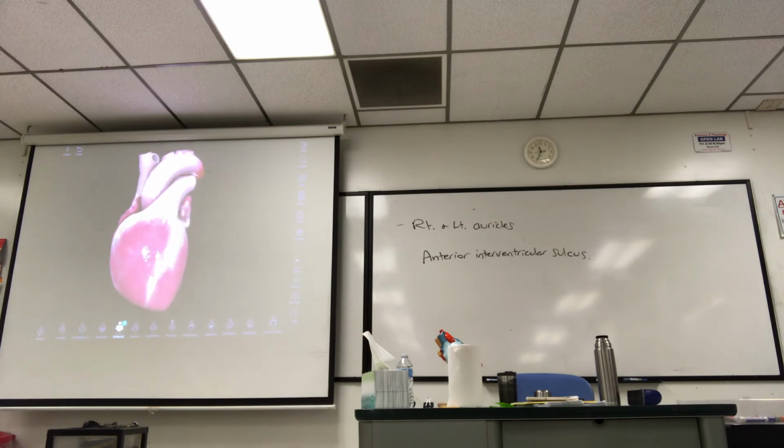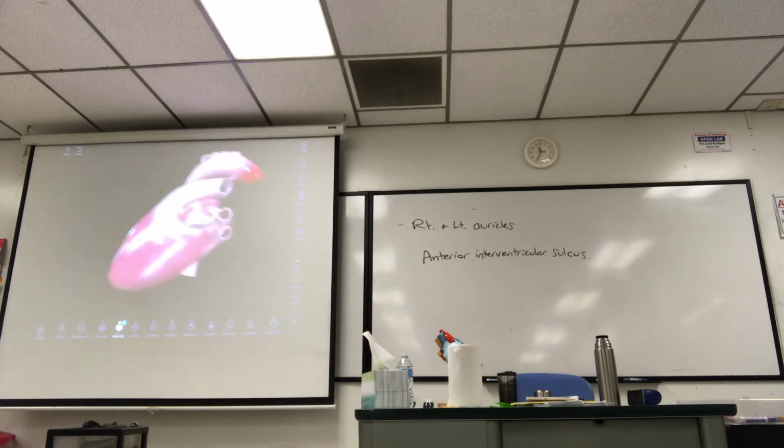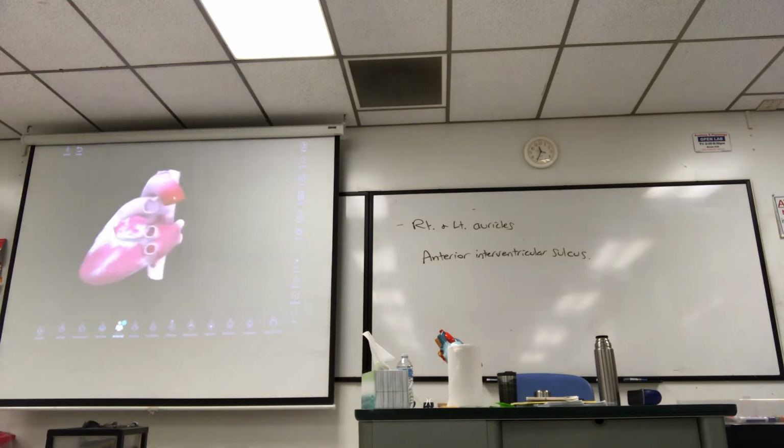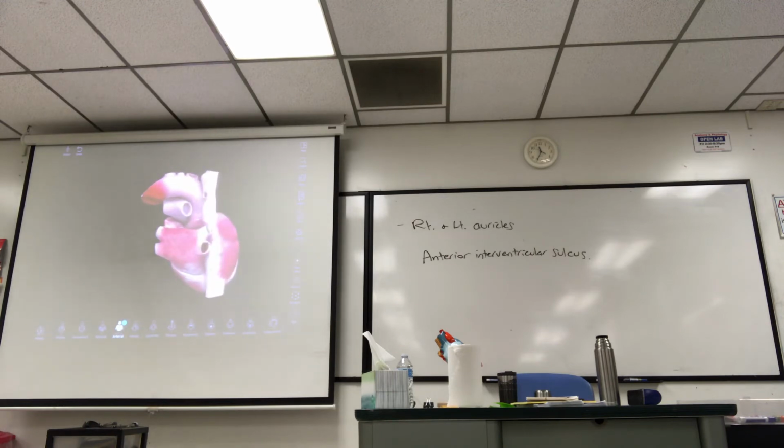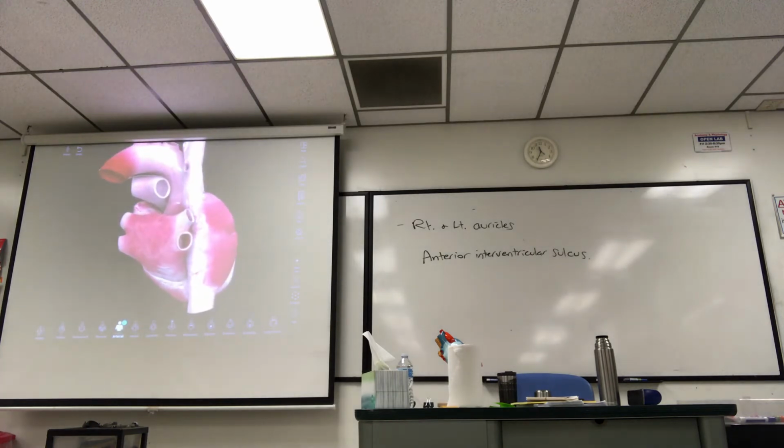You can rotate this around and see that the atria are on the back, in more or less a posterior view. We can see the auricle is up here. That's the right atrium, so this whole thing is the right atrium, with the superior and inferior vena cava. Here's the left atrium. So these are 4 what?